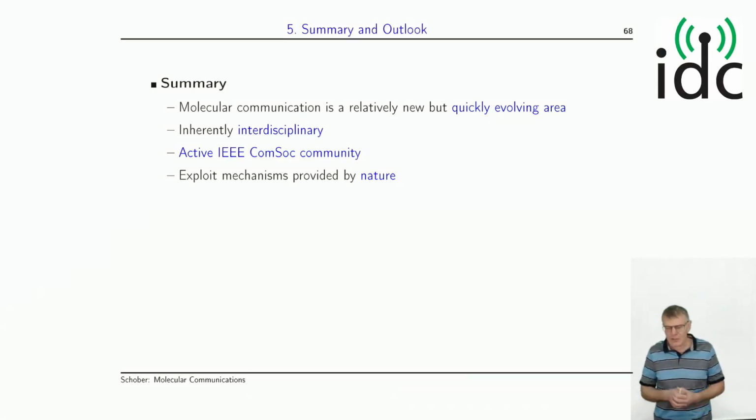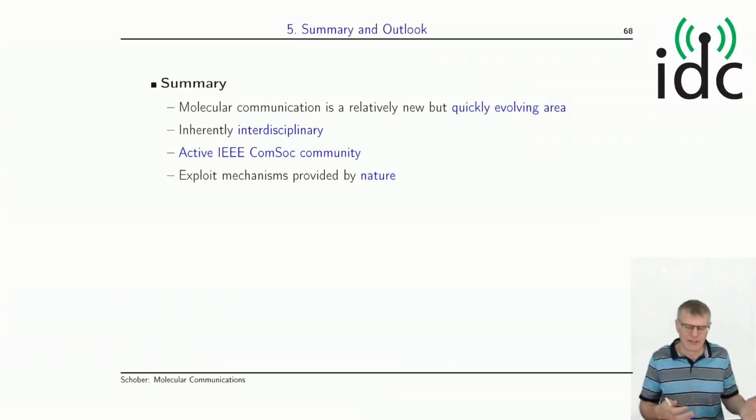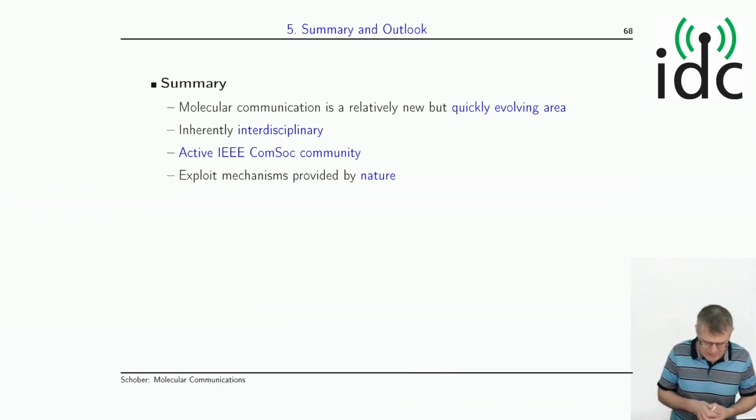Within IEEE ComSoc, we have a very active and rich community, with a technical committee that deals with this, and we have meetings at every ICC and GlobeCom conference, and everybody is welcome to attend these meetings. Also, we have symposia at all major IEEE ComSoc conferences.